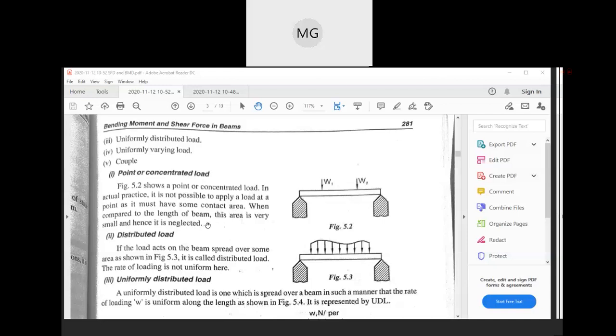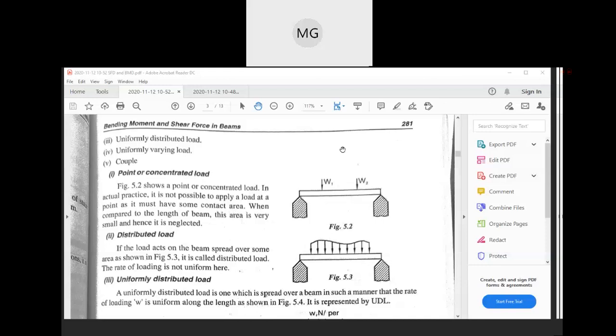In a concentrated load, the load is acting at any one point. That is called point load. Like you take a stick and apply a load with your finger, pressing the stick using only a single finger, then it is a point load.